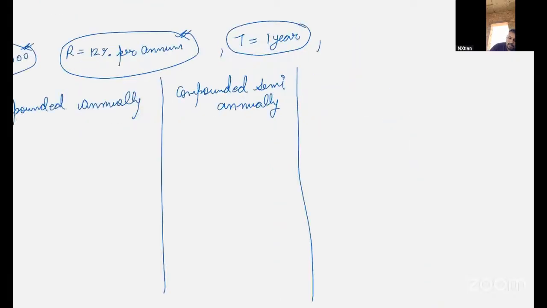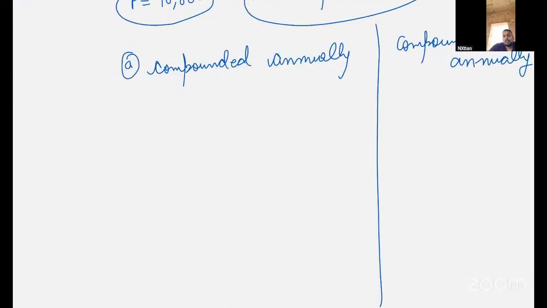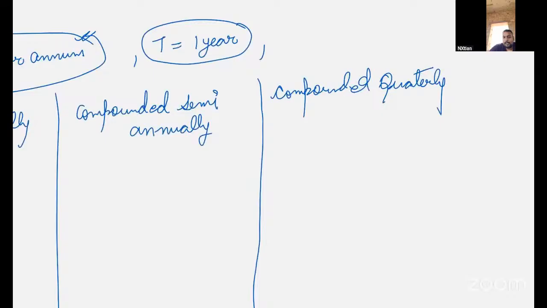And the third one is compounded quarterly. So here we have three values that we need to solve: compounded annually, compounded semi-annually, and compounded quarterly.